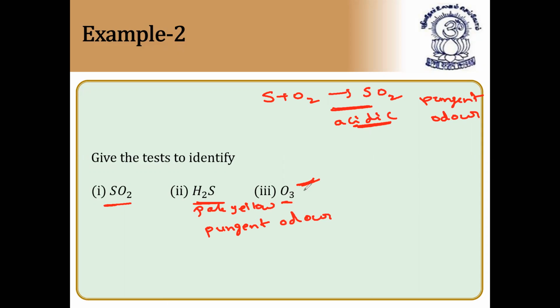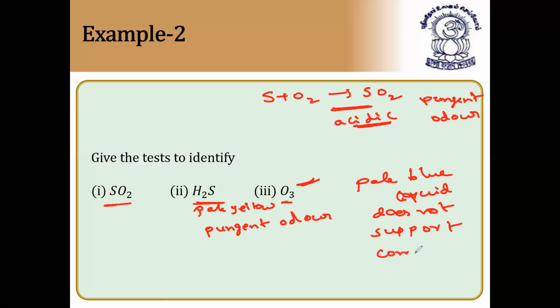Oxygen is a colorless liquid, but ozone is a pale blue liquid, which does not support combustion. So these are the tests for sulfur compounds. Not only these, many tests are there. You can take any test from the slides for sulfur dioxide, hydrogen sulfide, and ozone. I hope it is clear.